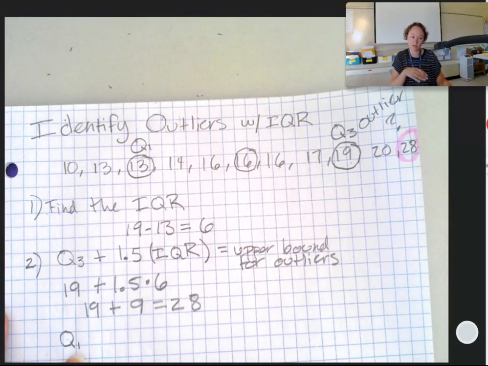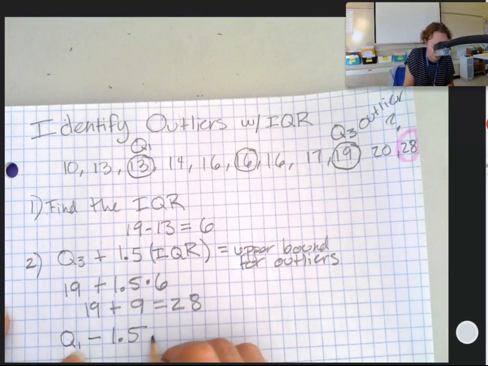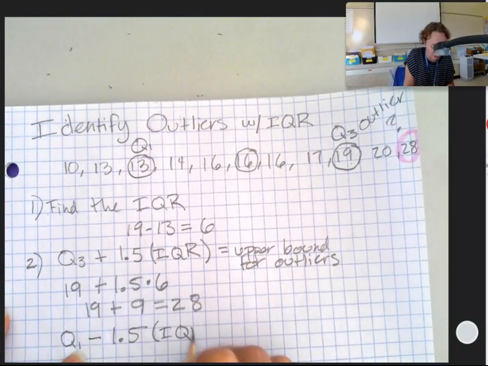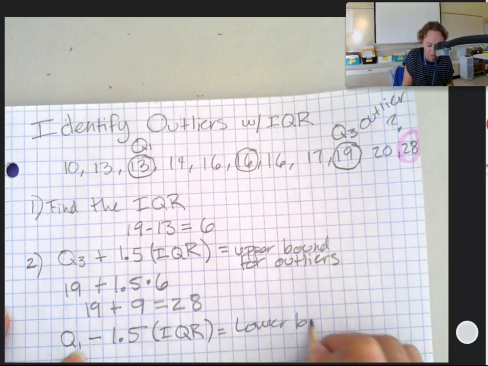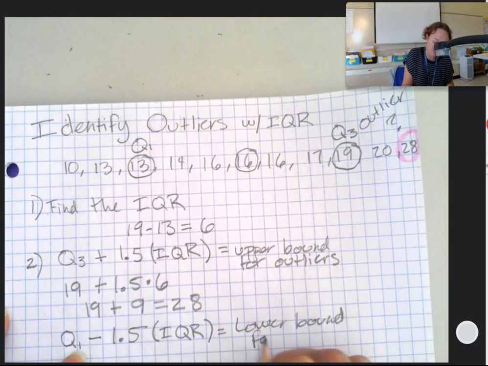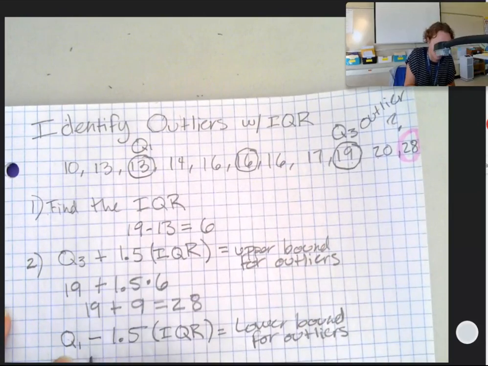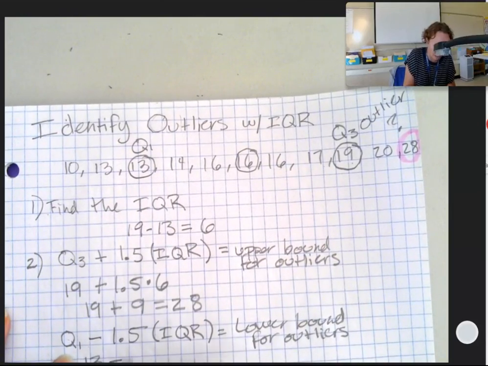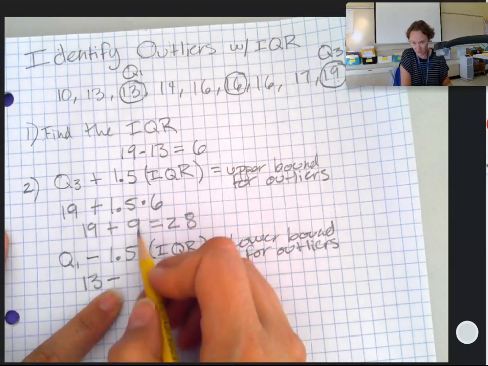So to do a lower outlier, you would do Q1 minus 1.5 times the IQR. That would give you the lower bound for outliers. So in this case, that would be 13 minus, and then 1.5 times 6 is going to give us 9 again, right?